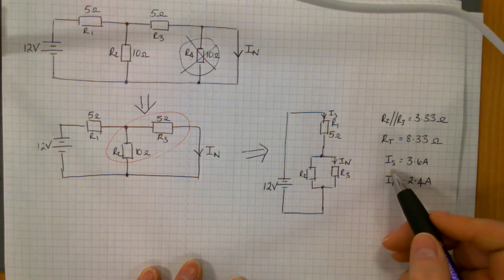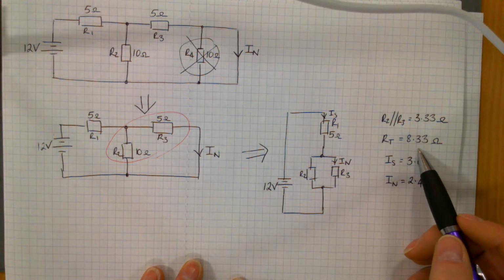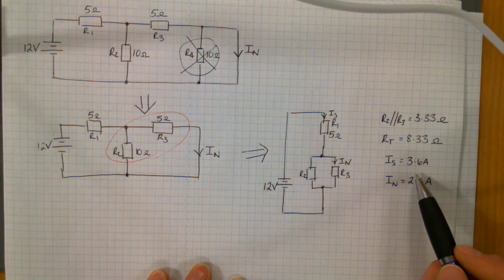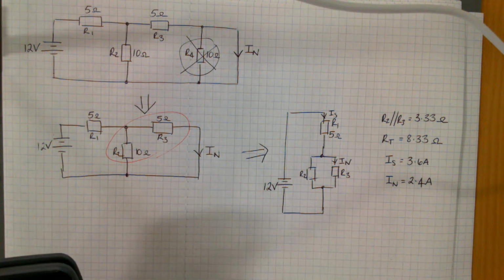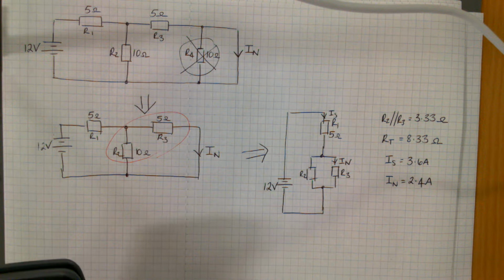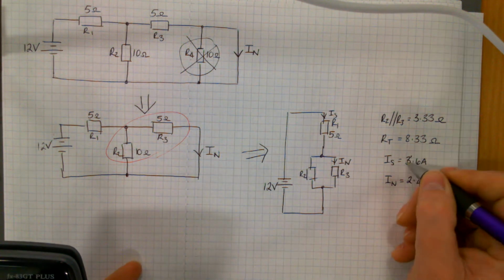Then to get your supply current, you do Vs over RT, so 12 divided by that 8.33. It'd be about 1.44. Yeah, 1.44.